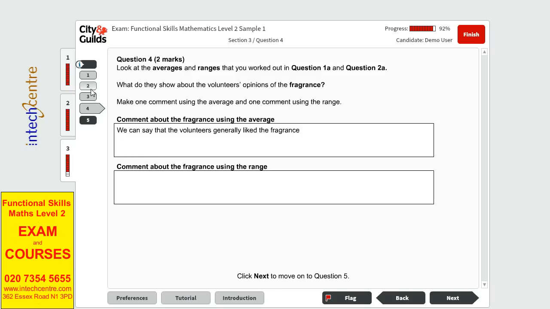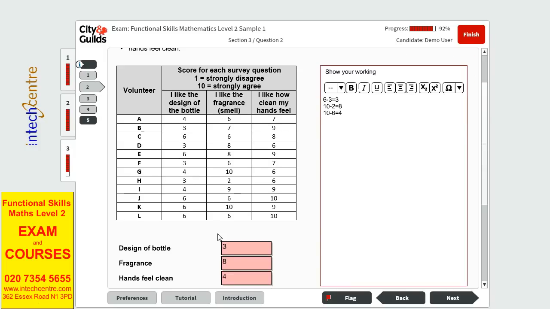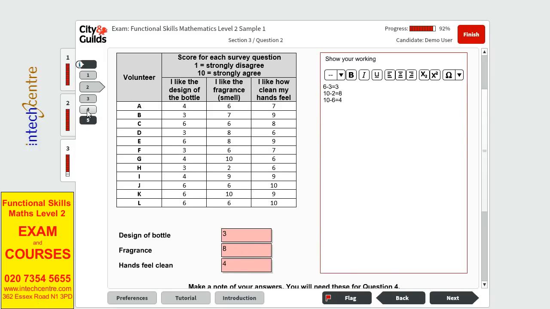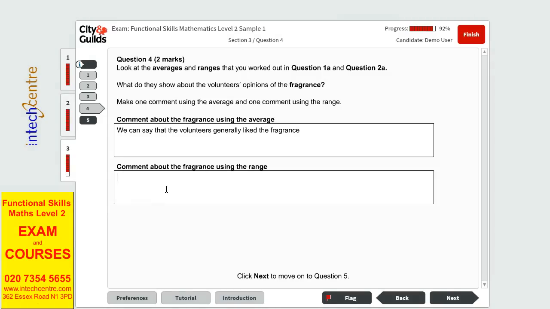Let's see what the range is. The range for fragrance is high. So when the range is high, it means that it shows variation in people's opinion. We say the range is high, therefore the volunteers' opinion varies.